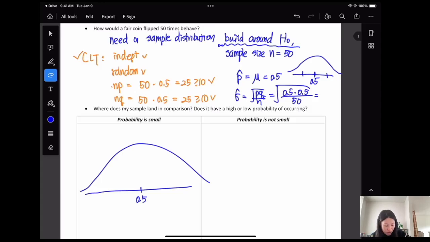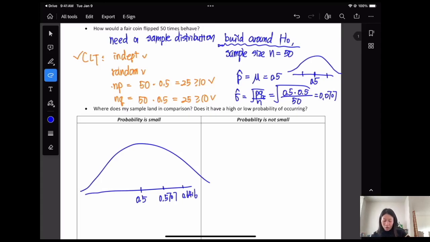Let me find out what the standard deviation equals. This equals 0.0707. So our model looks like this: the first standard deviation is 0.5707, and the second standard deviation is 0.6414.